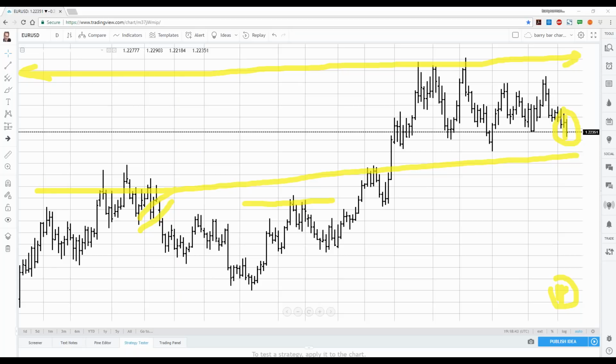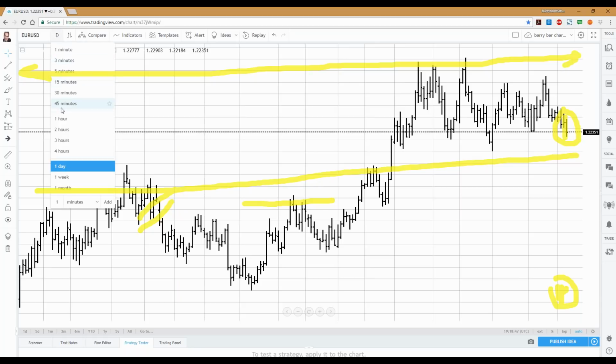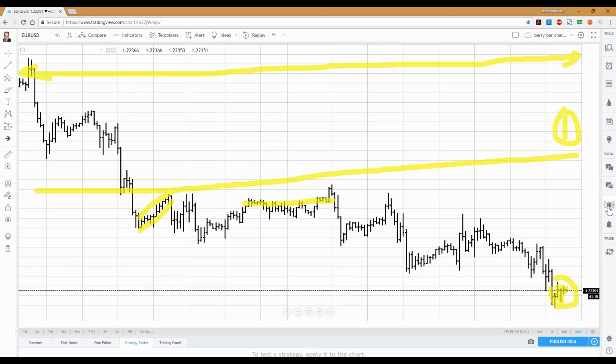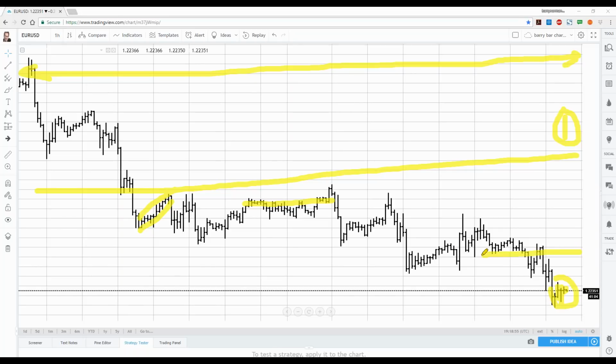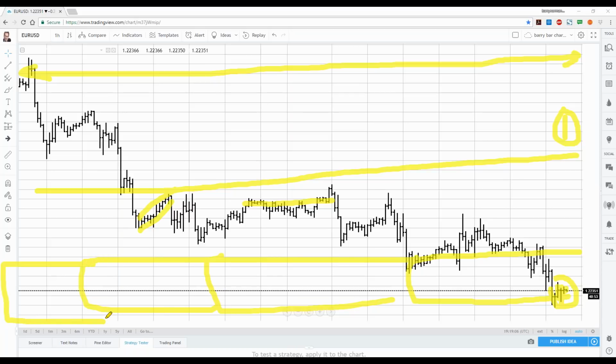If we're looking at a 1 hour chart, well, it's taking us all of these bars to cover 1 day. So that means we see 1, 2, 3, say 4 days to maybe 5 days in the visual screen.